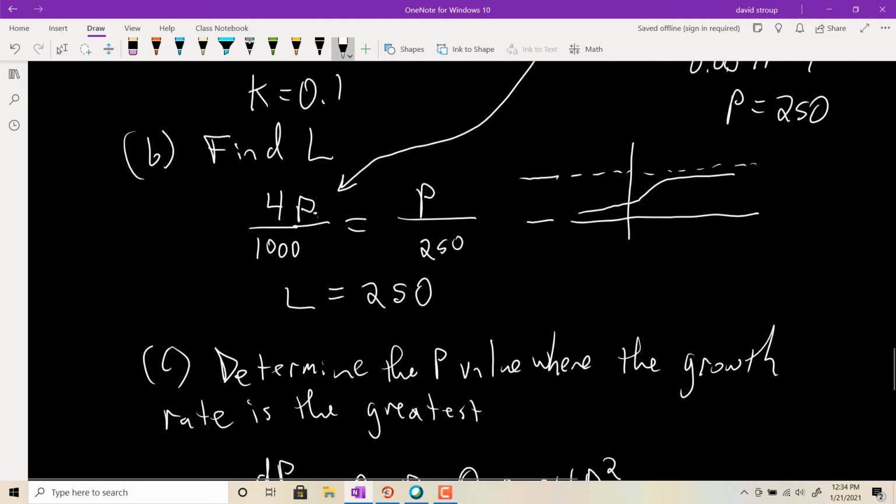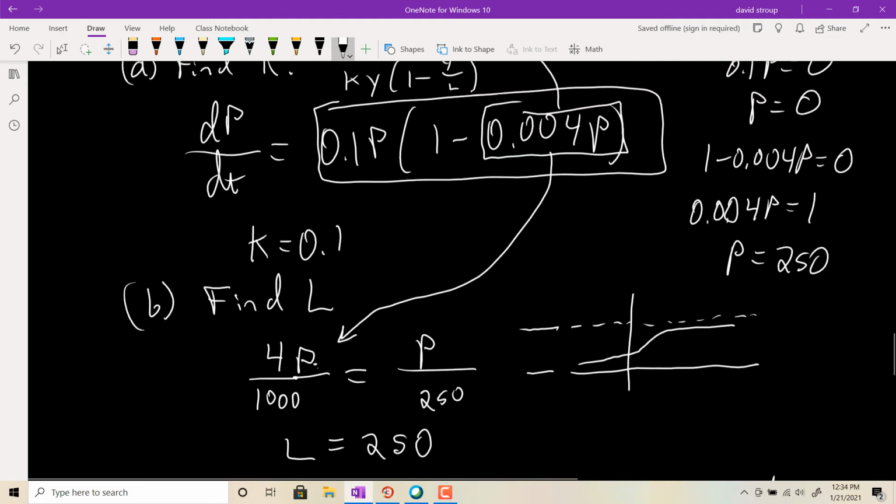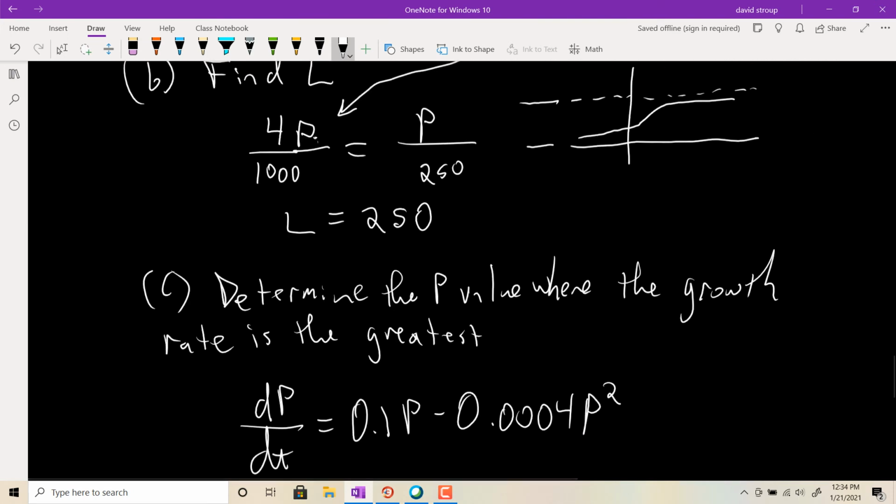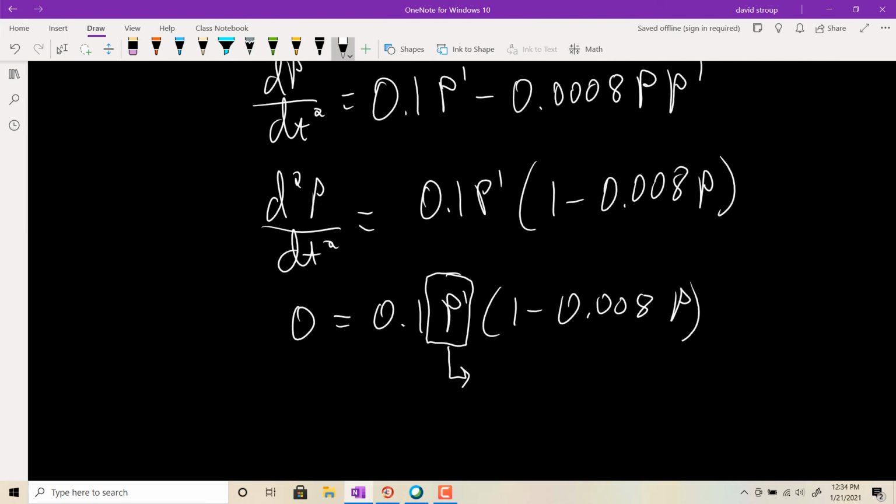There's no change at those places. The rate of change of p will be 0. So anyways, what I'm getting at is to disregard this part. Just sort of throw it out and focus all your energy on that second factor, this guy right here.